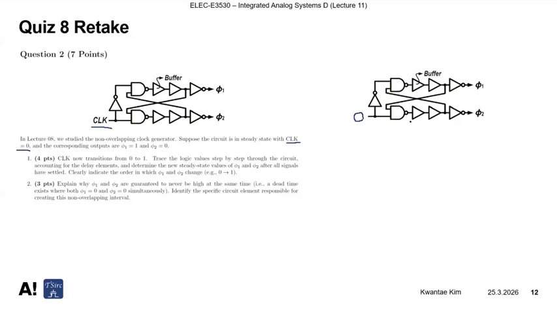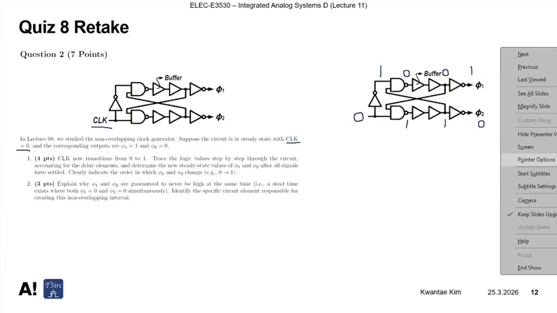And if this is 0, then the gate output becomes 1 and 1, and V2 becomes 0. And going through the inverter, both of the NAND gates are 1, right? Then the output becomes 0 and 0, and V1 is 1. So this is the initial condition.